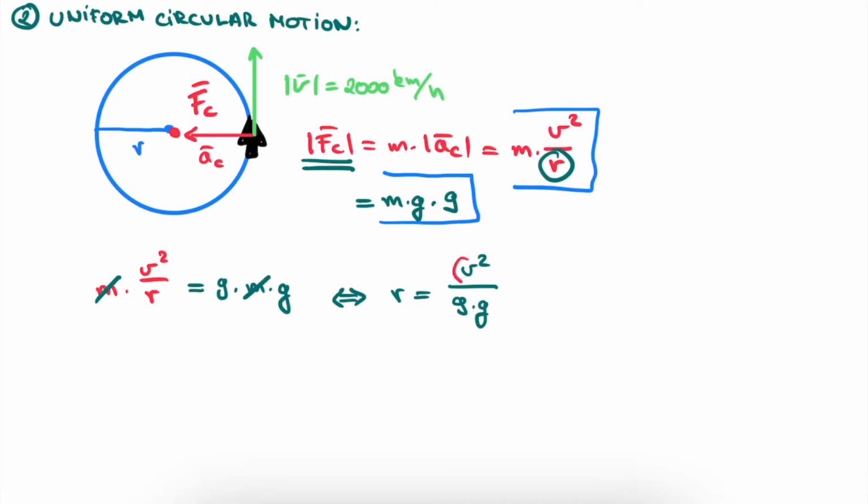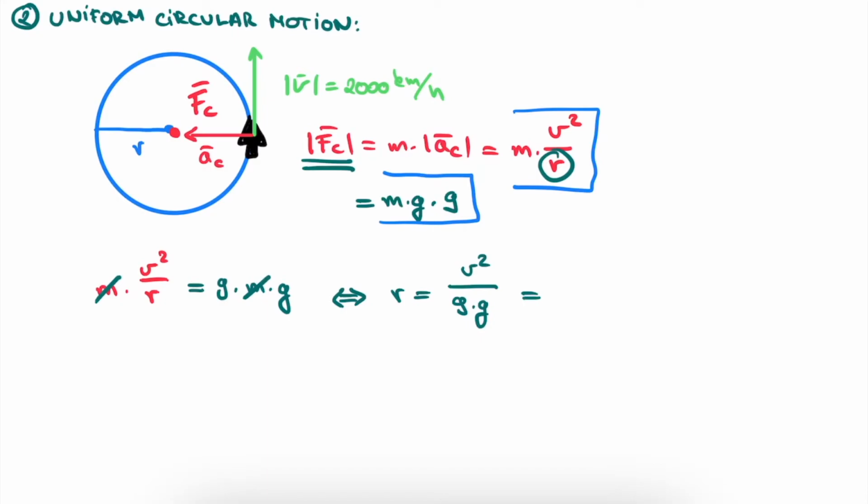And because we know the velocity, which is 2000 kilometers an hour, we know g, which is just the gravitational constant of 9.81 meters per second squared, and this 9 is just a number, we can actually calculate this r, which corresponds to the smallest turn that we are allowed to take.